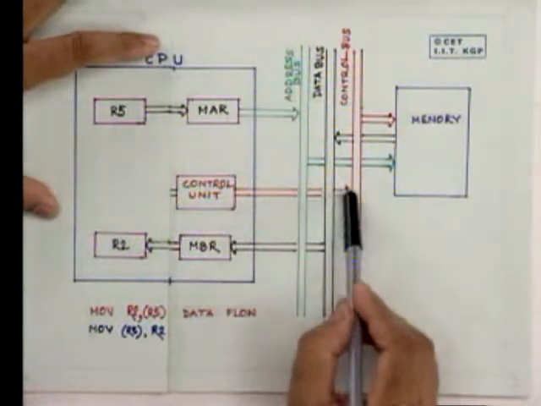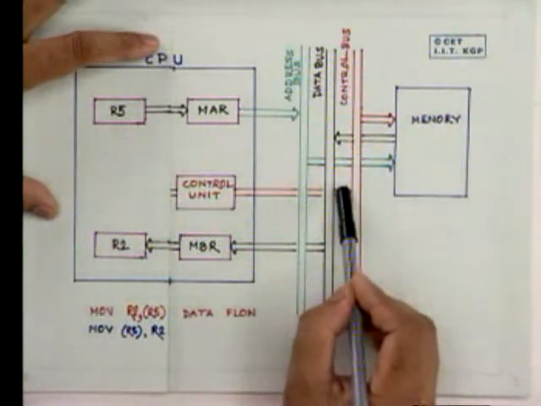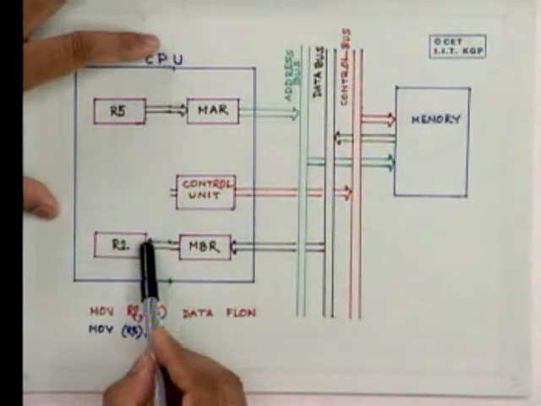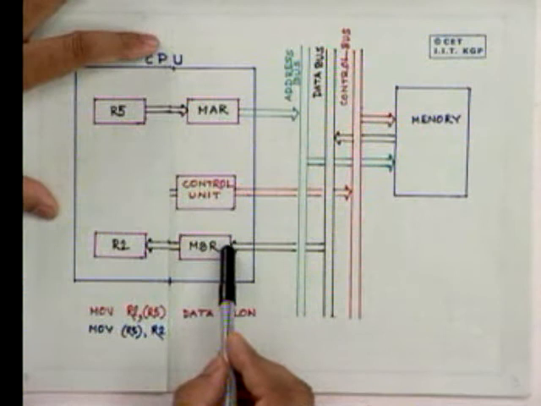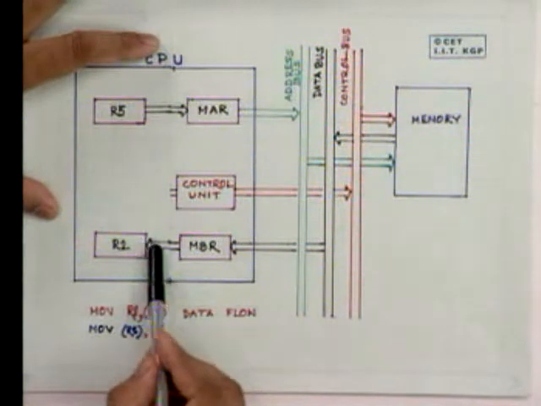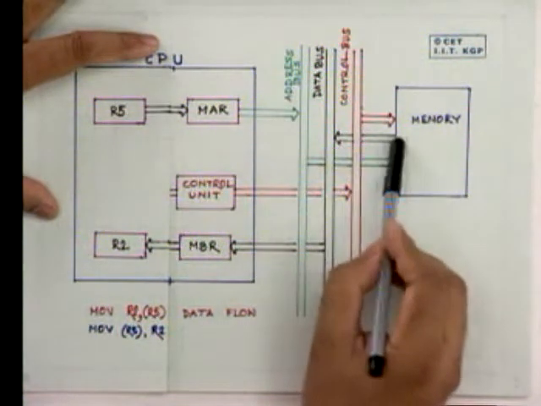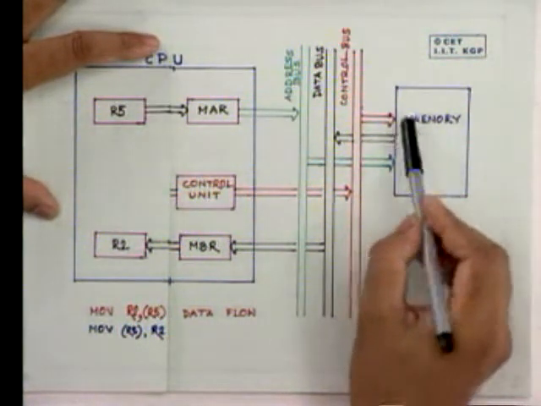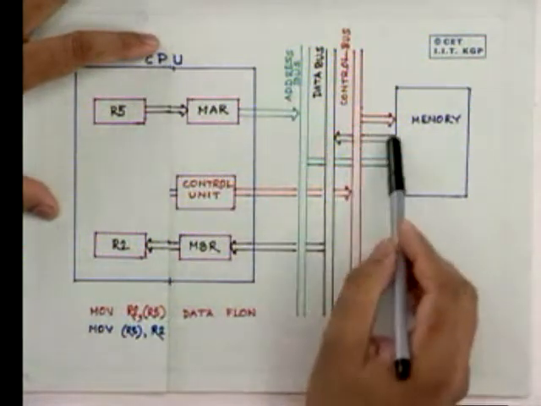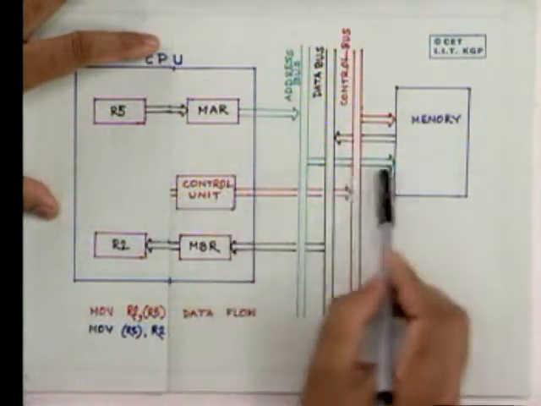Then a control signal says write memory instead of read memory. Because now the data is in R2, it should first be transferred to the MBR. From the MBR, the data should come to the data bus. Therefore this data flow direction should change: R2 to MBR, MBR to the data bus. From there, the memory would take the data and write it into the memory location given by the address bus. On completion, it will send a signal to the CPU that the data has been written into the memory.